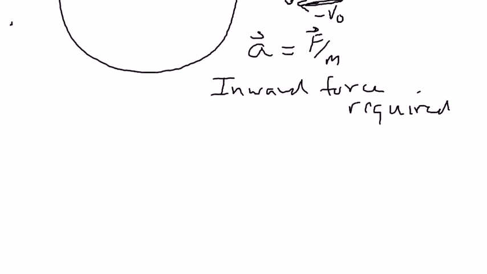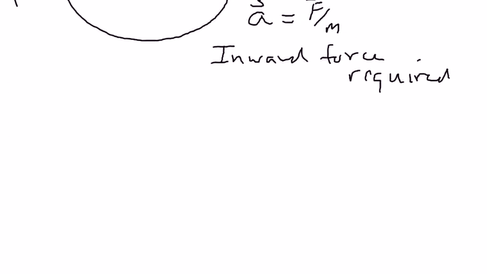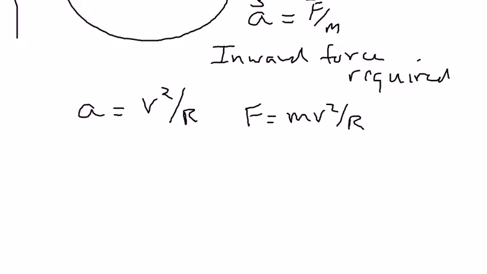First of all, we should define what circular acceleration gives us. We derived this in class, it's v squared over r, so therefore the inward directed force is mv squared over r, and we said that there's no such thing as a centripetal force, but we have to go and get a force to do it.